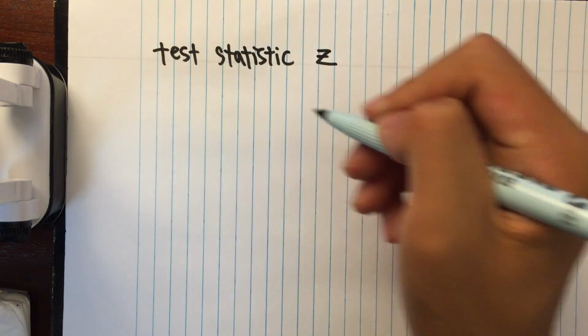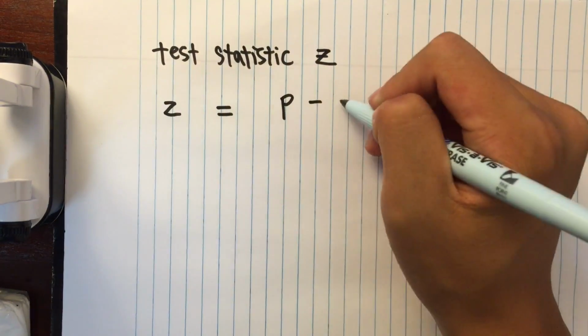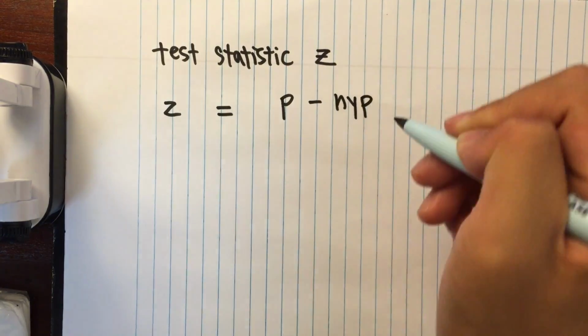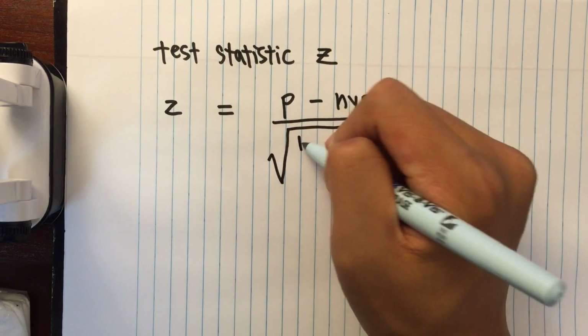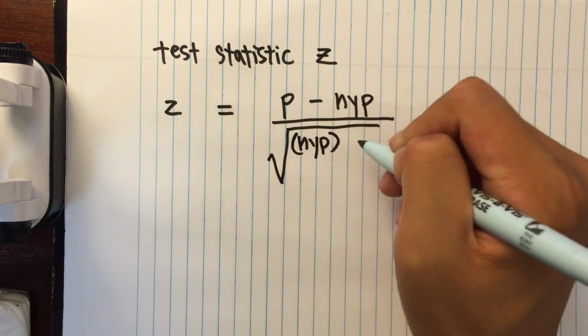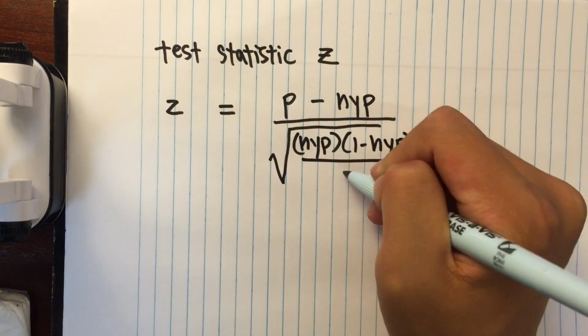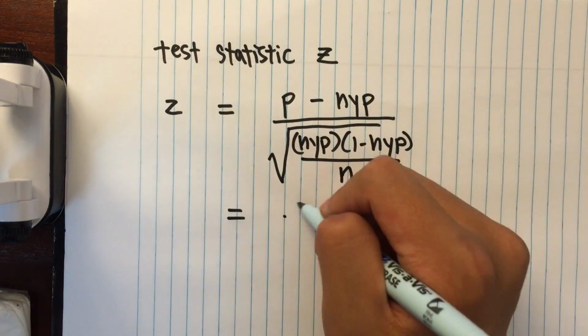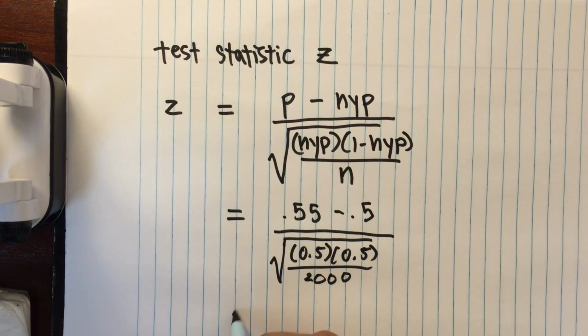This is calculated using the following formula. z is equal to p minus the hypothesized value, all over the square root of the hypothesized value multiplied by 1 minus the hypothesized value, over n. We plug in the values and z ends up equaling approximately 4.47.